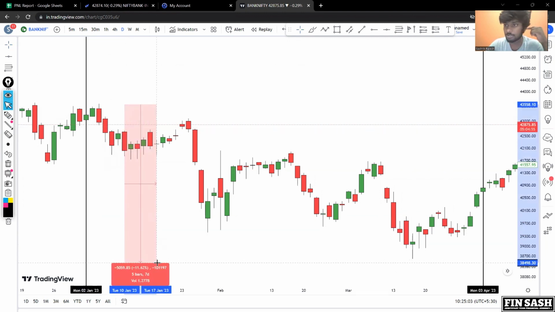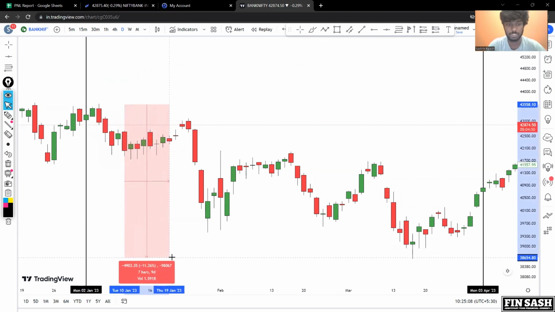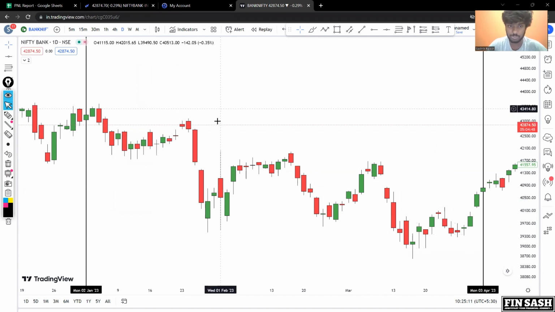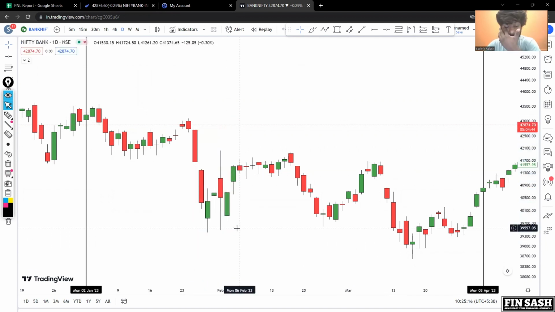If you consider the highest point to the lowest point, the market almost moved 11%, and the swings were almost 8 to 9%. So the market was pretty volatile in these 3 months.